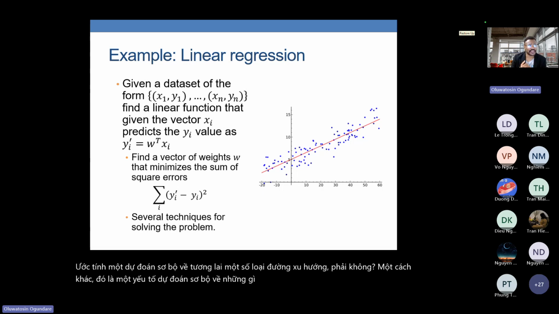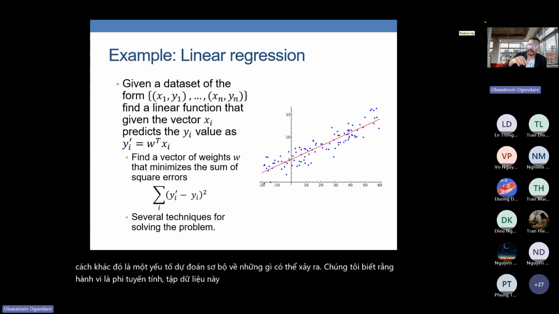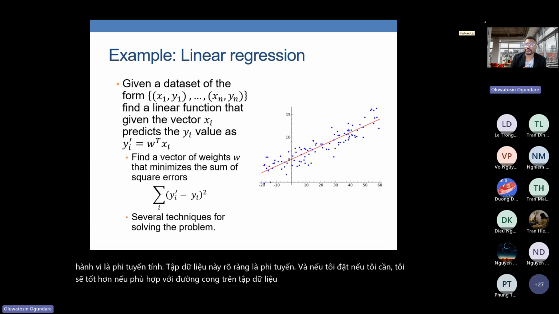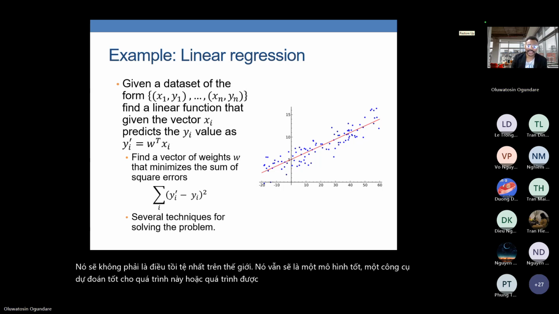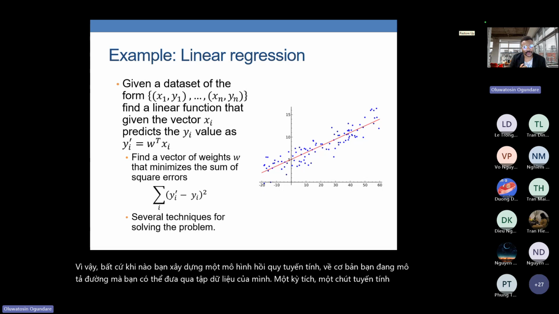We know that the behavior is nonlinear. This data set clearly is nonlinear, and I would be better off fitting a curve on this data set. But also, if I was supposed to have a linear model, it will not be the worst thing in the world. It will still be a decent predictor for the process described by this data set. So whenever you build a linear regression model, you're essentially describing a line that you can put through your data set, a linear fit of your data in that sense. So that's what you're doing.